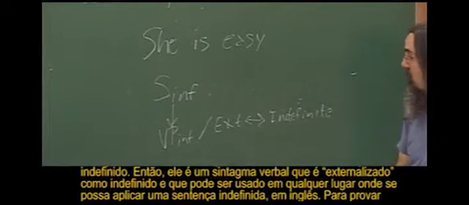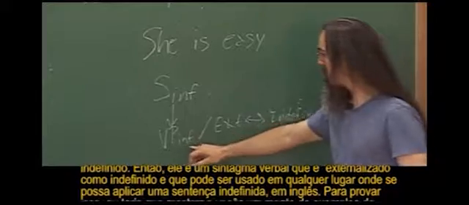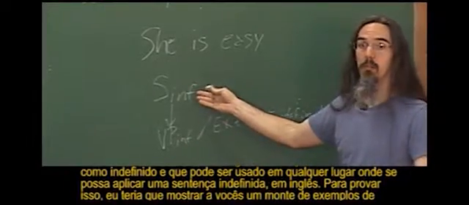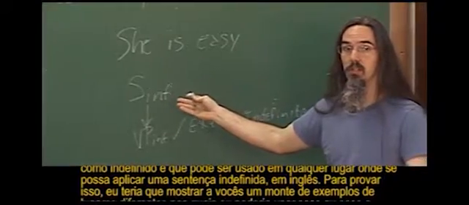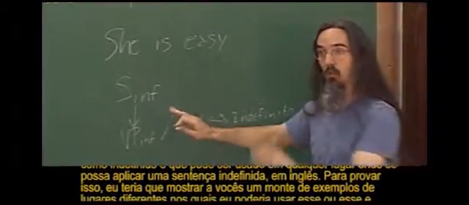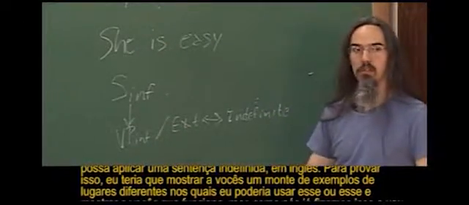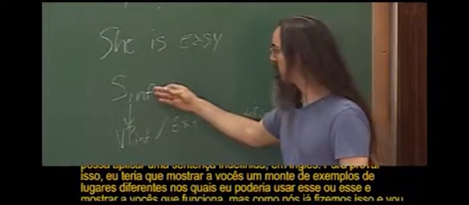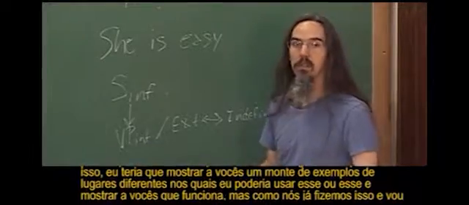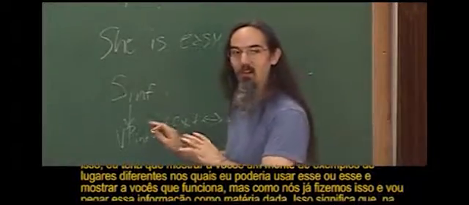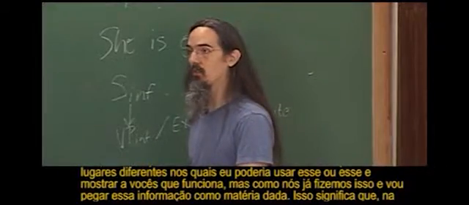Okay? So this is a verb phrase whose external is indefinite, and it can be used anywhere where you can use an infinitive sentence in English. To prove that, I would have to show you a ton of examples of different places where you can use this or this, and then show you that it works, but we have done that, and I'll just take that as background.